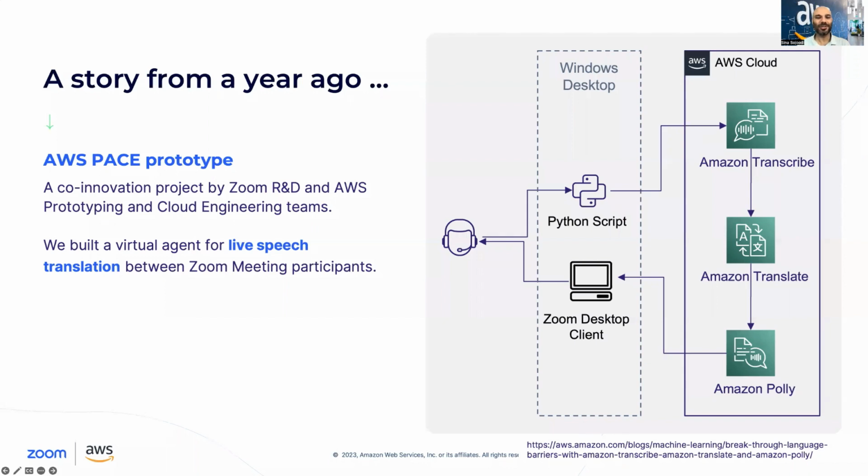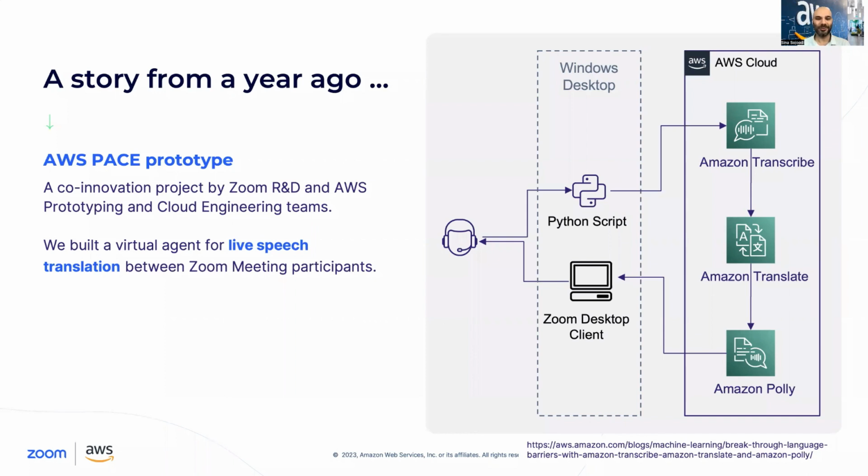I want to start with a story about one of these use cases a year ago. AWS Prototype and Cloud Engineering Solutions Architects and the Zoom R&D team collaborated on a live speech translation prototype. The architecture was simple.